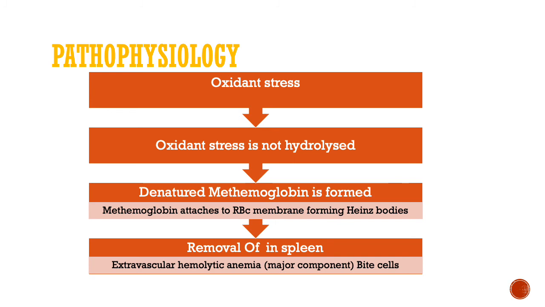Into pathophysiology. There is increased oxidative stress, which can be because of drugs, as you learned already, and it can also be because of infections, especially pneumonia and chronic hepatitis.